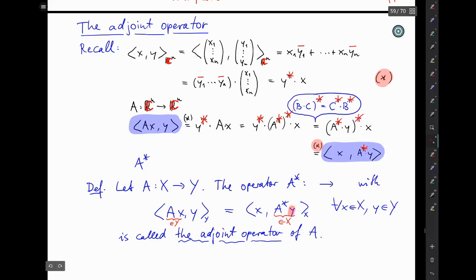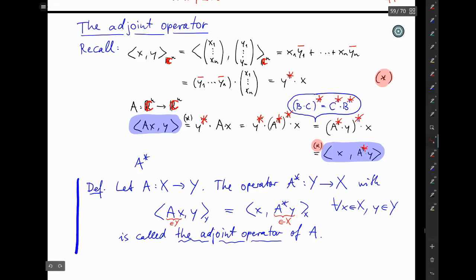Well, A star is applied to little y, which is coming from capital Y. And if you do that, you get an element from X, so A star must map into X.